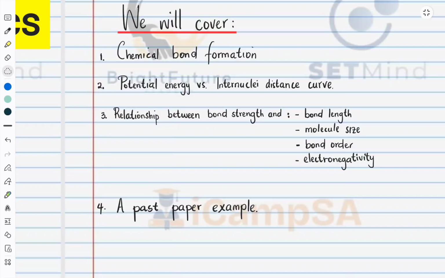Thirdly, the relationship between bond strength, bond length, molecular size, bond order, and electronegativity, right? And then lastly, I would like us to focus on a past paper example so that we can apply the knowledge we would have learned up until that point, right? So let us start here.